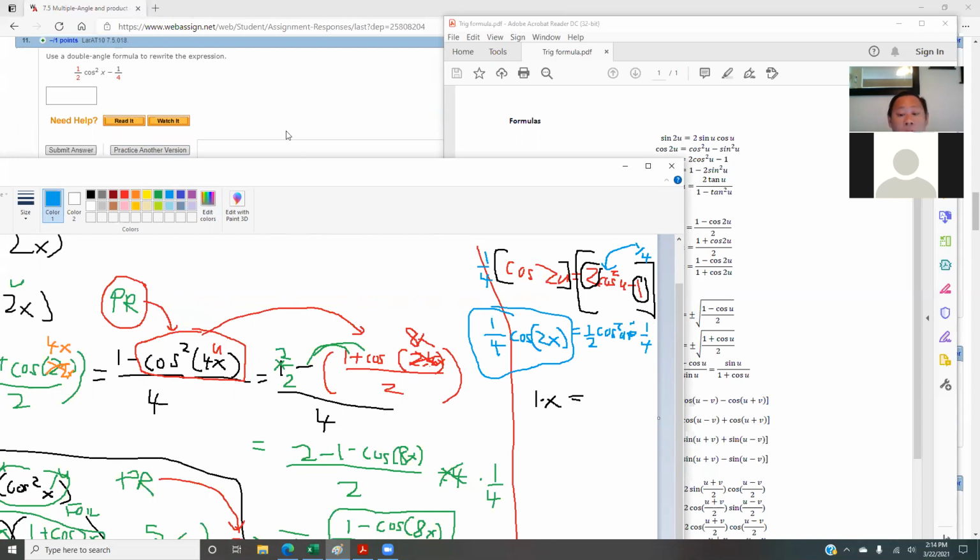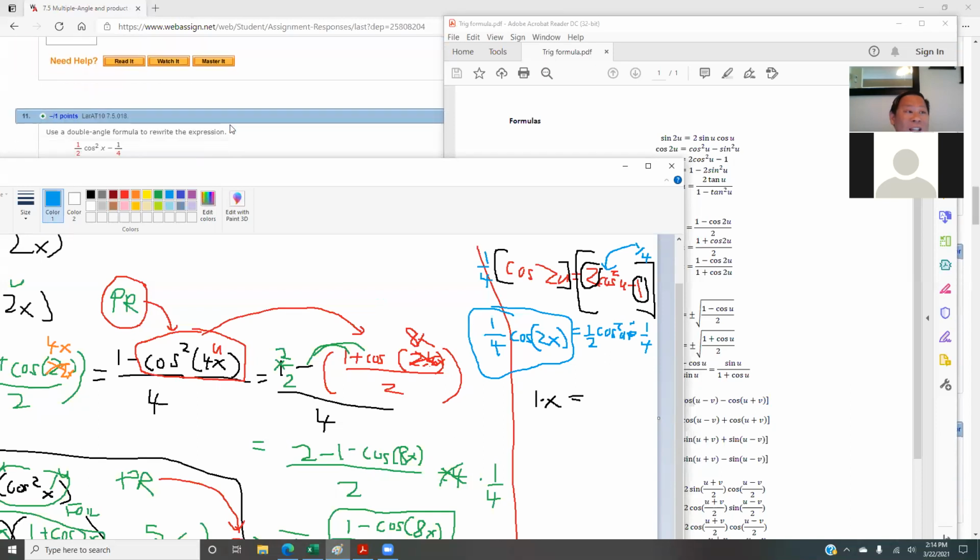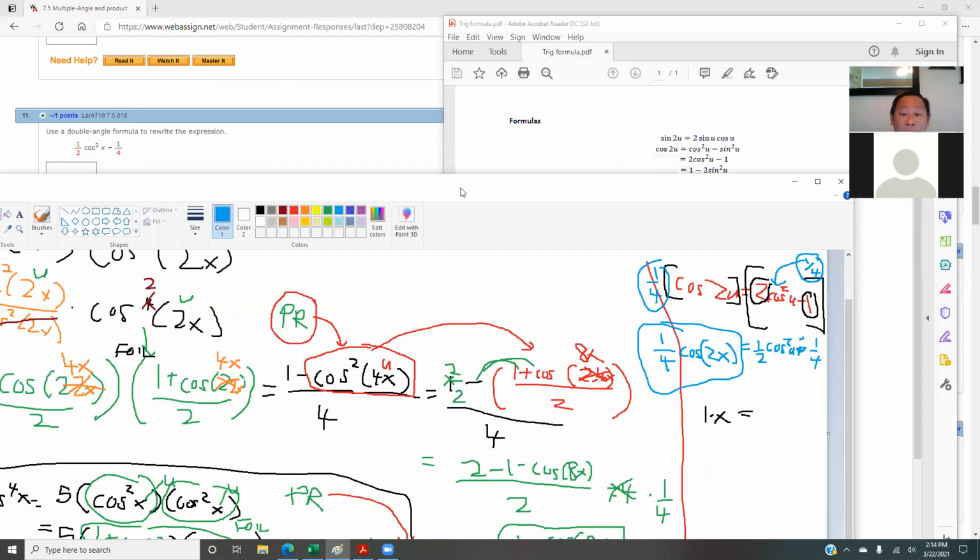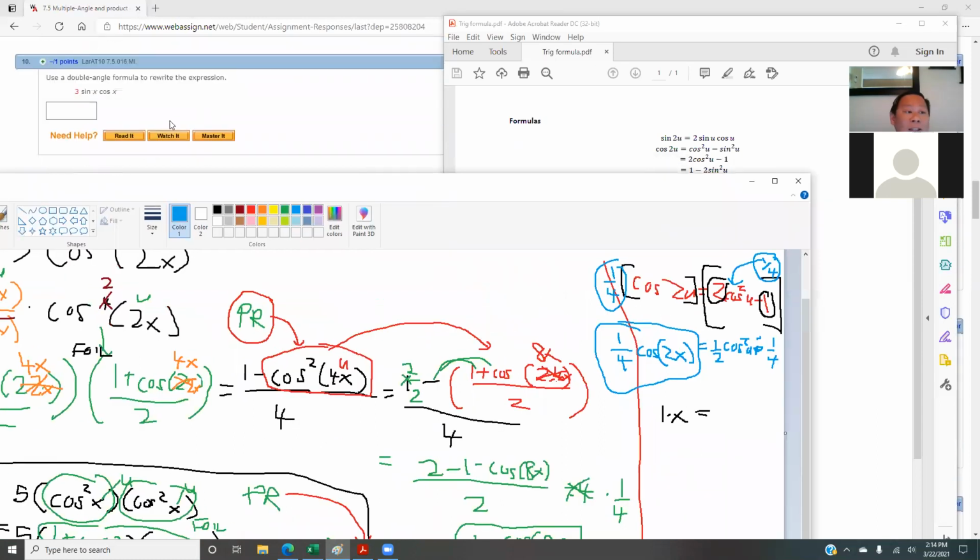Okay, that makes sense. So what you do in question 10 and question 11 is you try to multiply by a number so that this makes him the same as this one. It can be a fraction. So like this one, it looks exactly like the 2 sine u cosine u. But now you have 3.